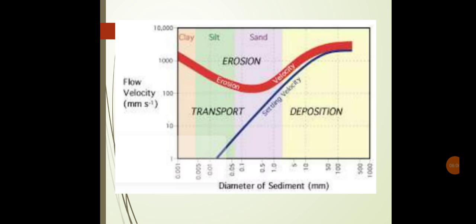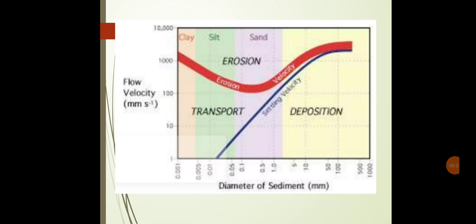Then this graph shows sediment diameter versus flow velocity for different soil particles. Looking at clay, then silt, sand, based on the particle size, the transportation happens in some places. There is also the settling velocity and the erosion velocity.